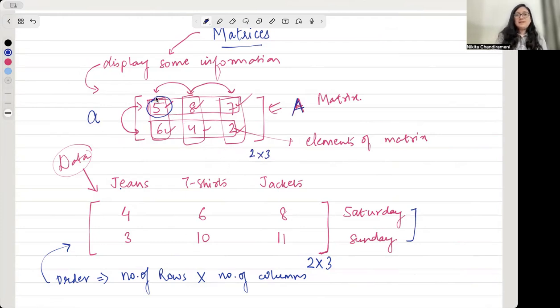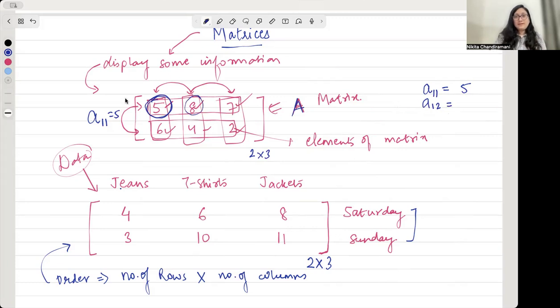And now you can see the first element. This is the element of the first row and the first column. So we will call it A11 is equal to 5. This is how you represent it. A11 is the first row, first column element, 5. First row, second column will be A12, which is 8.